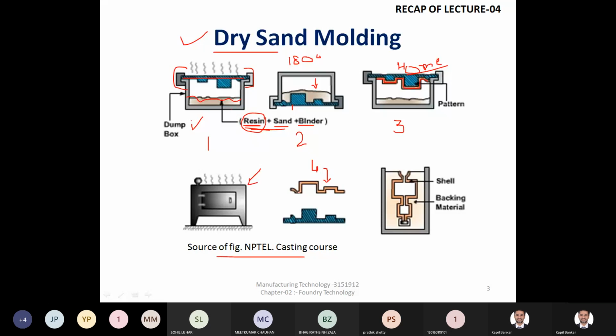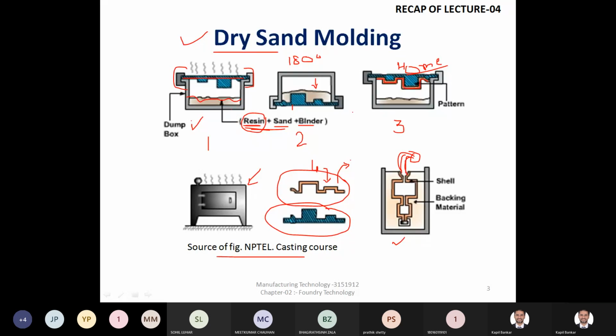So these thin sections will be detached from this pattern, and you do this whole process again. So this same type of half will be produced. This half and the other half will be assembled in this box, and you can pour the molten metal over here. Then you can create the casting product.